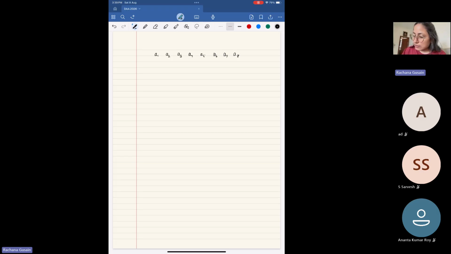It partitions the array into 2 equal halves, almost equal halves. I'm assuming that's an even sized array. In fact, it's a power of 2, so that every time we divide the array into 2 halves, both halves carry the same number of elements. If it is not even, then you can do n plus 1 and n.